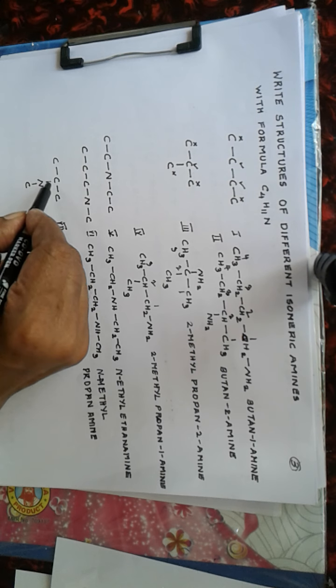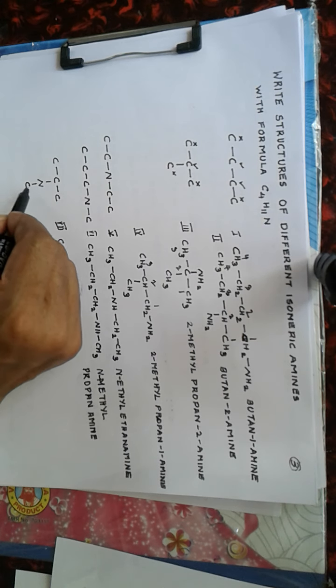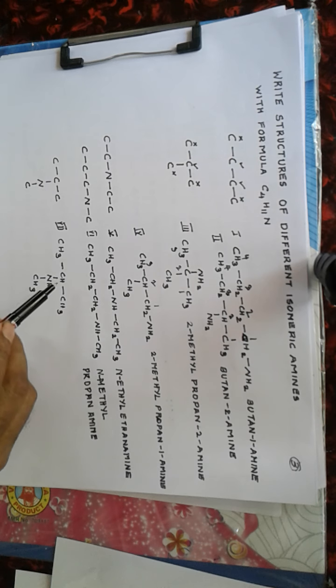Then you connect 3 carbon atoms in a chain, connect nitrogen and then the 4th carbon. We get CH3CH(CH3)NHCH3.